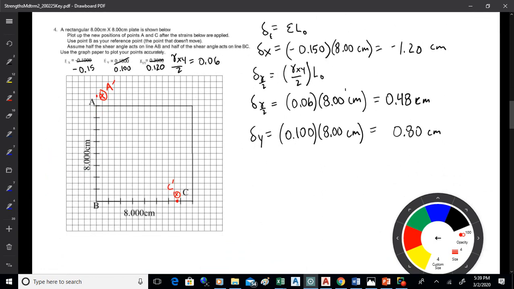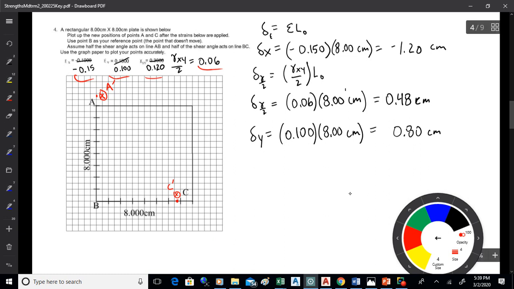Okay, this next one here, there are two-step problems. You've got epsilon x, epsilon y, gamma xy. You're told that half of the shear strain acts on either line, so half the shear strain is 0.06. So to get the deltas, you take the strains times the original lengths.